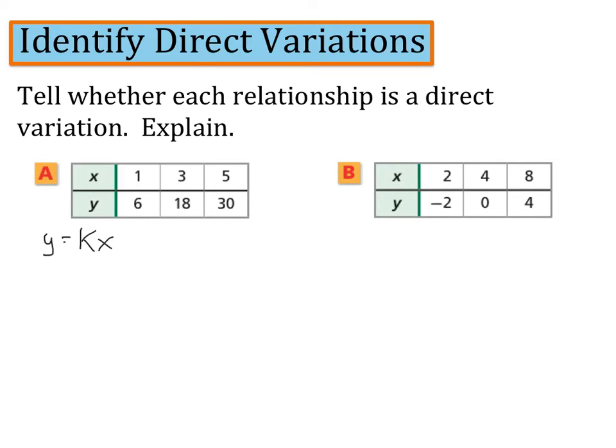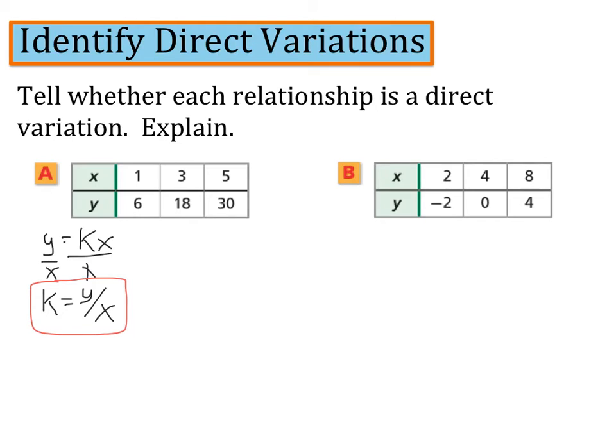We want to figure out if each of these ordered pairs has the same k. To do that, let's isolate k by dividing both sides by x. So to find the constant of variation, we have to find y divided by x. This is what we're going to look for in each ordered pair. And if it's the same throughout the whole set, then we know that the relationship is a direct variation.